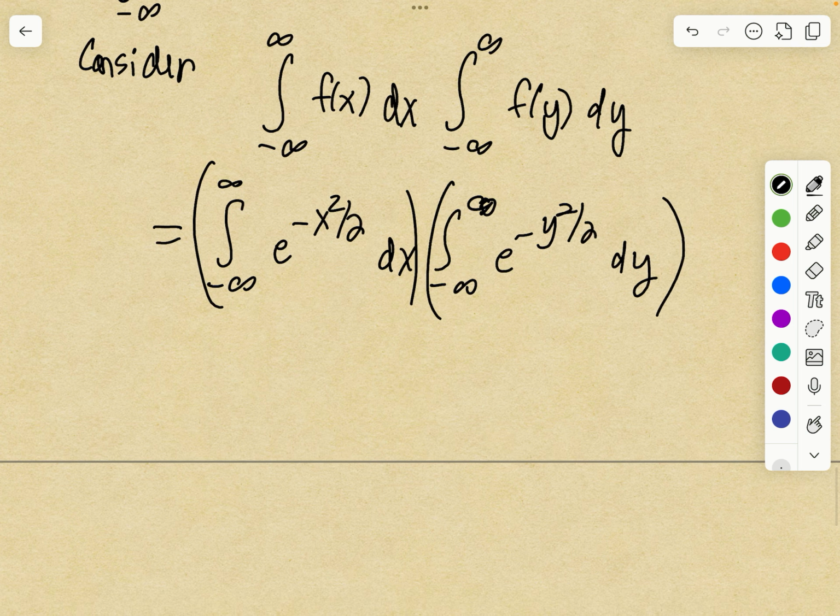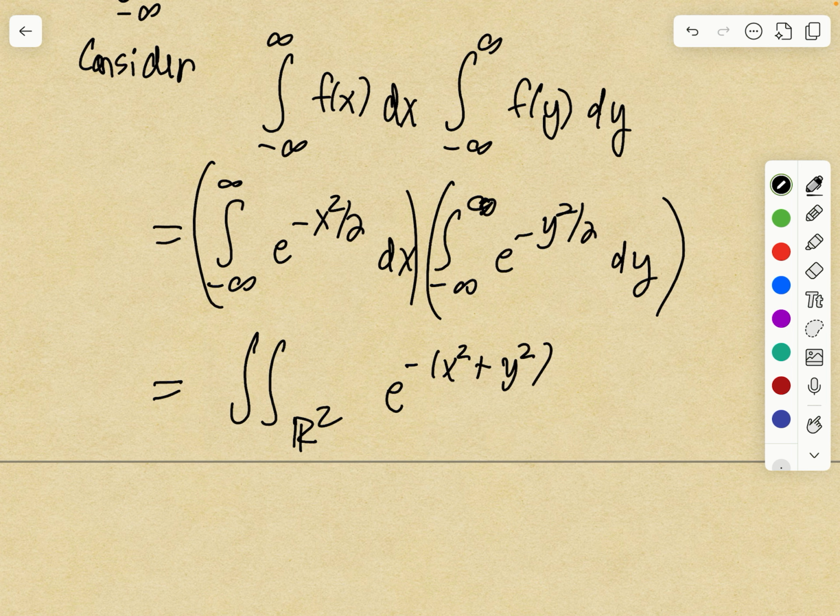And here, we're assuming that the integral exists. But basically, by Fubini's theorem, this is equal to the integral over R2 of e to the minus x squared plus y squared over 2 dx dy.